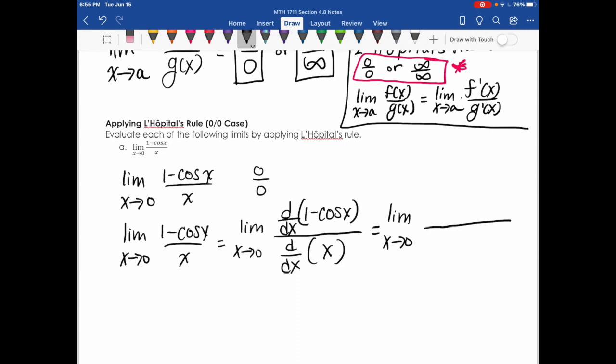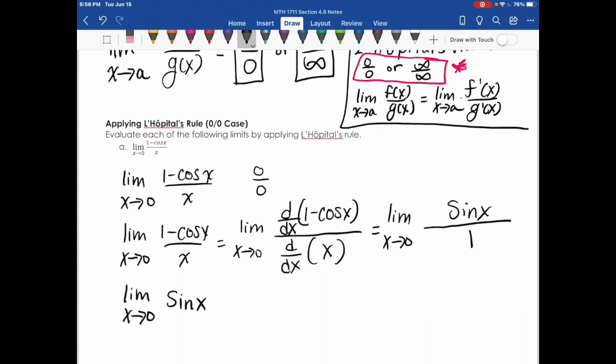When I take the derivative of minus cosine x, I'm going to get a double negative because the derivative of cosine x is negative sine x. And with that minus in front, I'm going to get a positive. So on top, I'm going to have sine x. On the bottom, the derivative of x with respect to x is just 1.